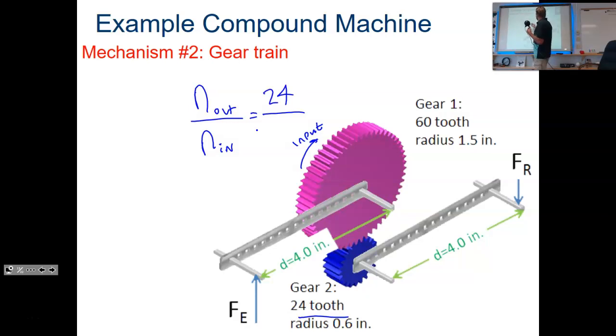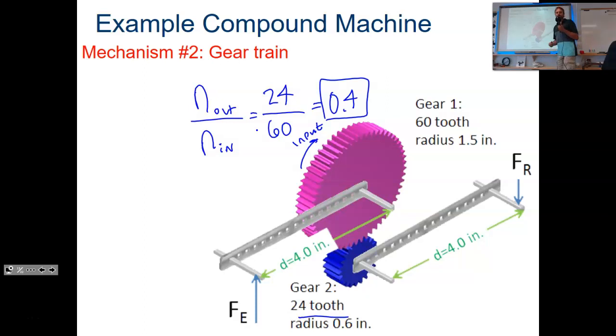My input is going to have 60 teeth. So 24 over 60 is the same thing as 12 over 30, which is the same thing as 6 over 15, which is 2 over 5. I'm just going to go 24 divided by 60, which is 0.4. So this has a mechanical advantage of 0.4.